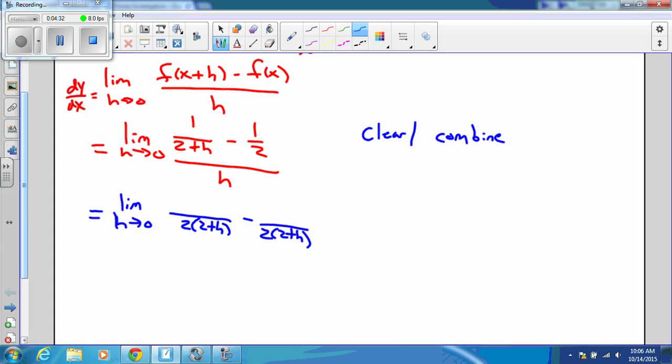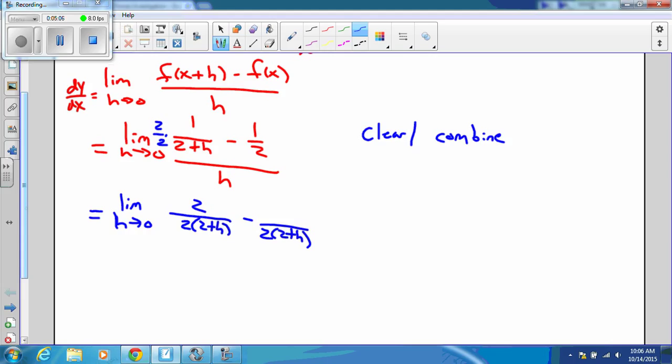Now, I need to get my denominators like that, so I'm going to multiply each fraction by 1. Please notice, I am not multiplying by 2, which would be 2 over 1. I am multiplying by 1, written in the form 2 over 2. And the effect of multiplying by 1, which is 2 over 2, is to leave 1 over 2 plus h with the same value. It's still 1 over 2 plus h, but it's going to be in the form 2 over 2 times 2 plus h.